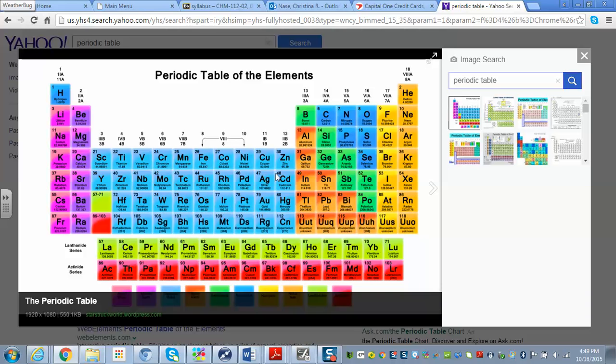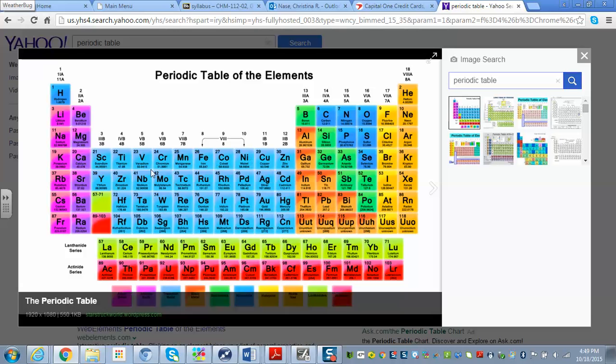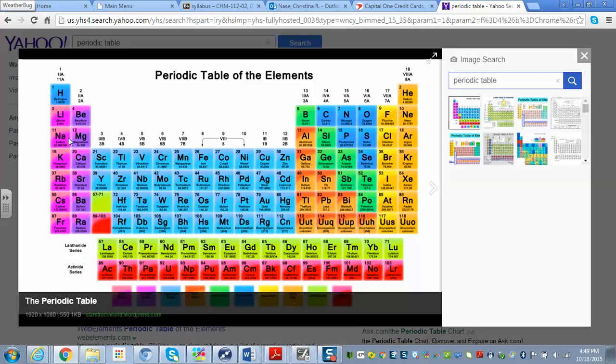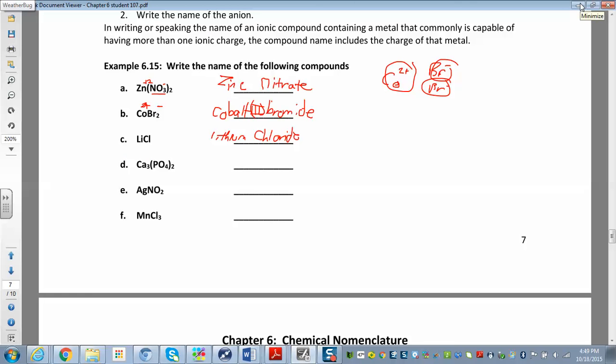Silver is always +1, zinc's always +2, aluminum is +3. These metals down here can change too. Nickel's also always +2, but everybody else can pretty much change. So the ones that change, so not group 1, not group 2, not 1, 2, or 3, but the other metals, can change, so that's when you have to use the parentheses to indicate which one you have. But lithium's a group 1 metal, so I don't have to worry about him.